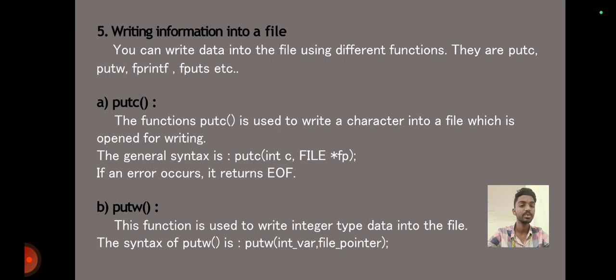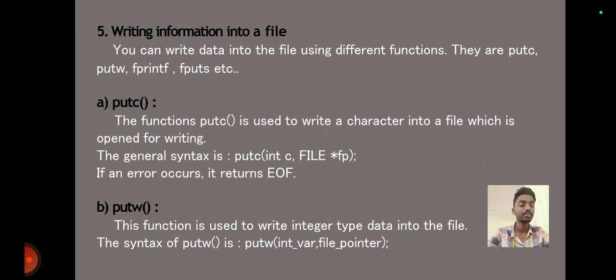fputc. The function putc is used to write a character into a file which is opened for writing. The general syntax is putc(int c, FILE *fp). If an error occurs, it returns EOF. putw. This function is used to write an integer data type into the file.